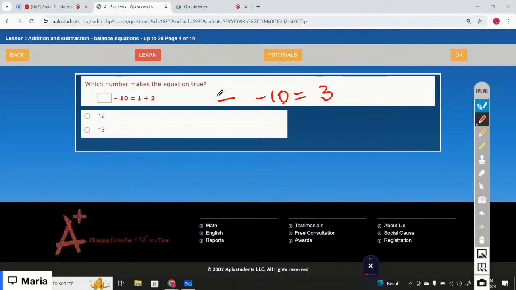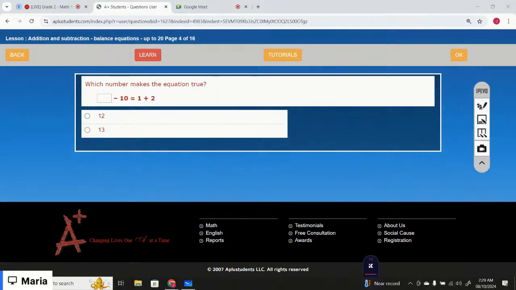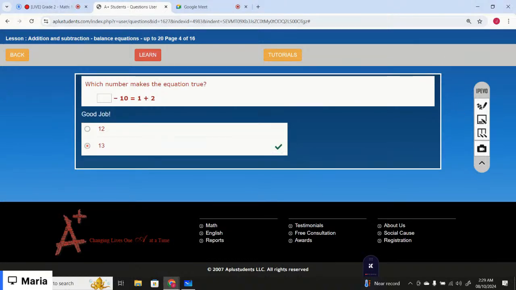The correct option is 13 take away 10, right? 13 take away 10 is 3, and 3 is equal to 3. Option number 2 is the correct option, that is 13. Very good.